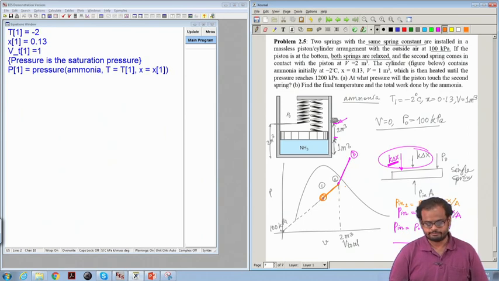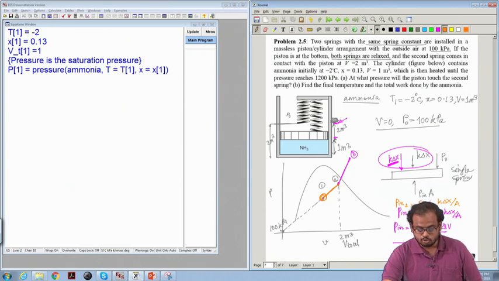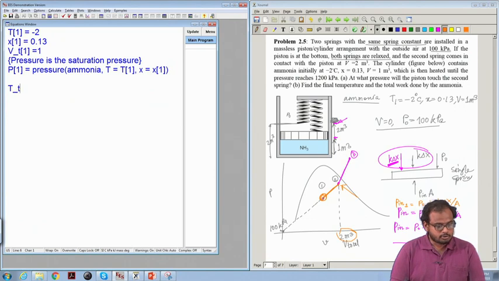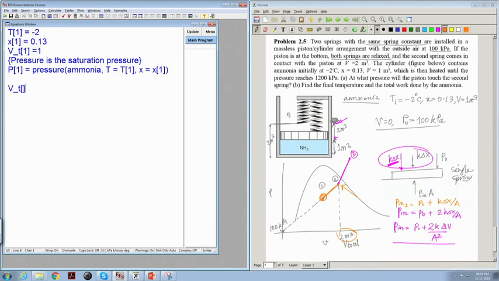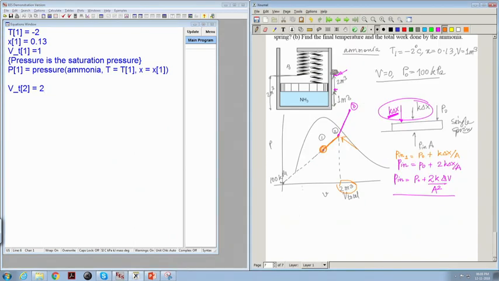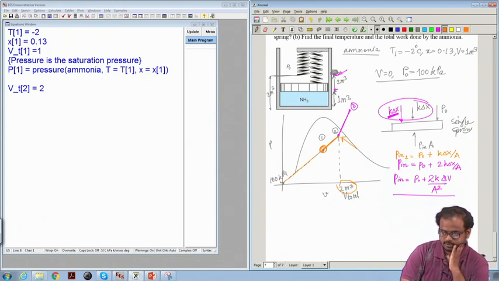What about point 2? We know that at point 2 the total volume becomes 2 meter cube, because point 2 I have defined as the point where the volume reaches 2 meter cubes in total, so VT2 is equal to 2. Now, can I find out the P2? Yes, I can, because the slope of this line is known.